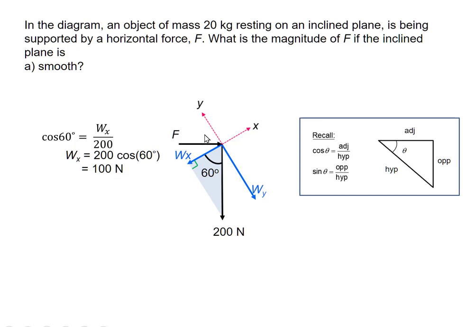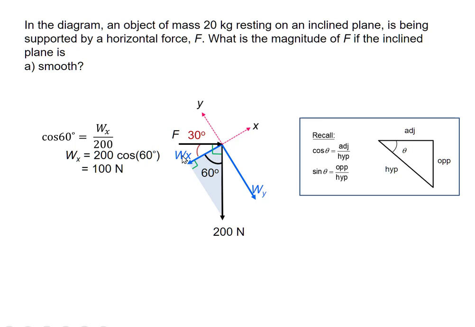Now let's look at the horizontal force F, which is supporting the object, causing it to not slide down the inclined plane. Do note that this is a right angle since this is horizontal and the weight is vertical, and therefore this angle itself will then be 30 degrees since this is 60 degrees.